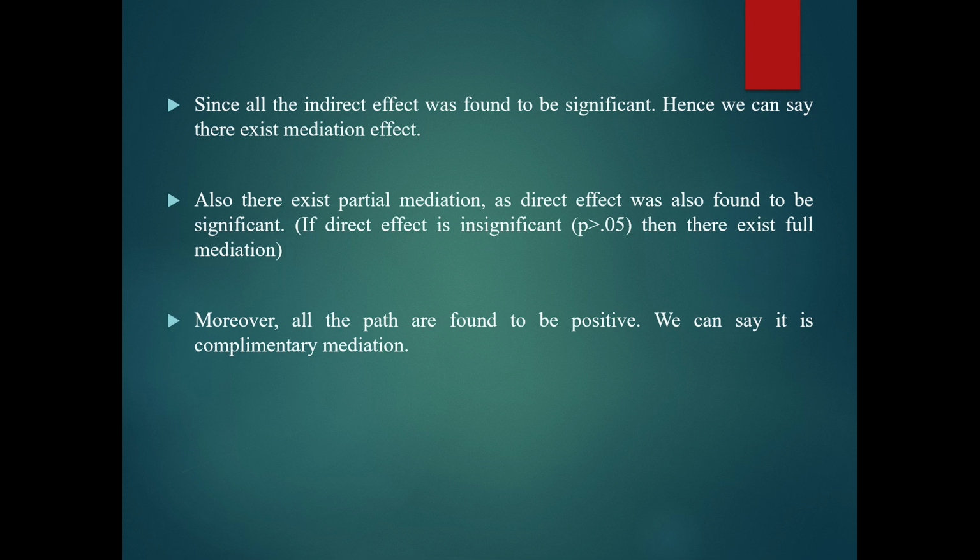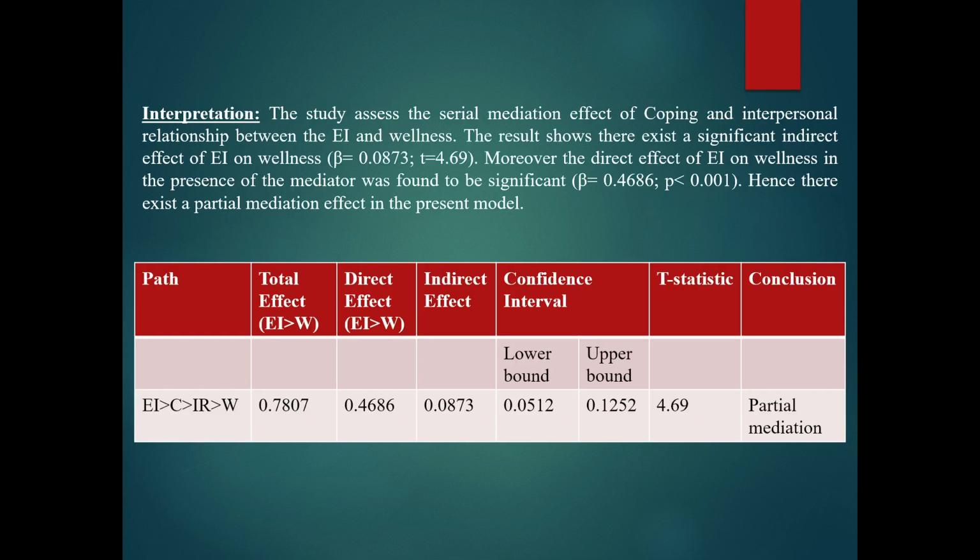In such a case, the mediation effect does exist, but it is called full mediation. Moreover, in our case, all the paths are found to be positive, so we can also say that a complementary mediation exists, since all the beta coefficients are positive.